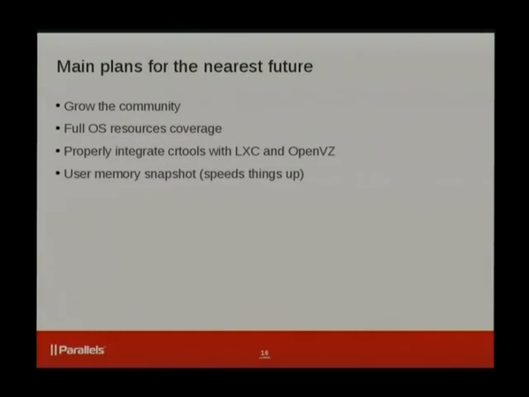And another big development feature we're going to make is implementing kernel support for user memory snapshots. It's an ability to tell the kernel, notice this process and tell me which pages it will change since this moment. This is a very useful feature that can speed various things up.